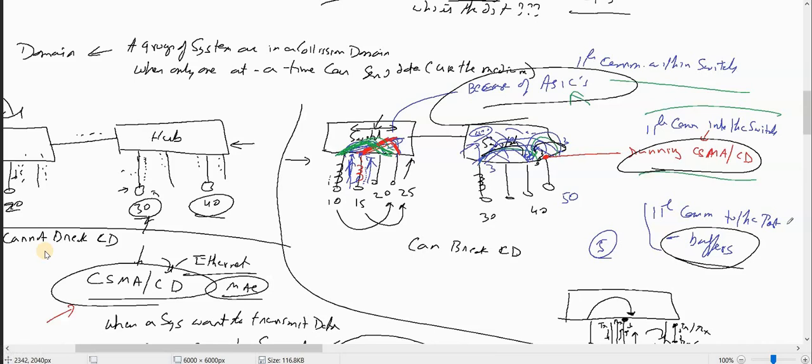All right. Now, here is a kind of, quote unquote, CCIE level question. If your port is running full duplex, do you still need CSMA/CD on a per port basis?